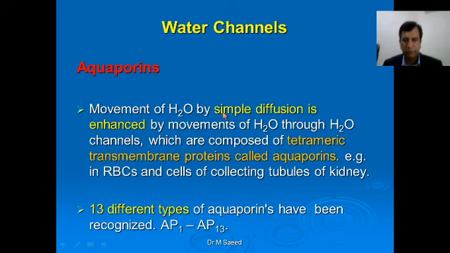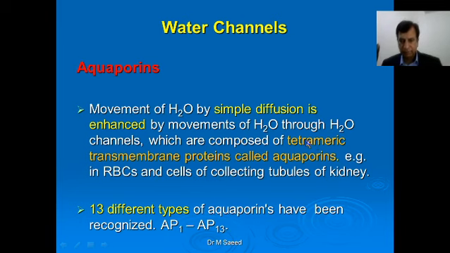Movement of water by simple diffusion is enhanced by movement of water through water channels, which are composed of tetrameric transmembrane proteins called aquaporins. There are four types of different proteins with a slight change in the structure. For example, in RBCs and cells of the collecting tubules of the kidney.